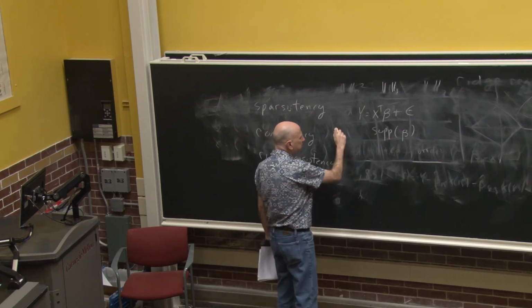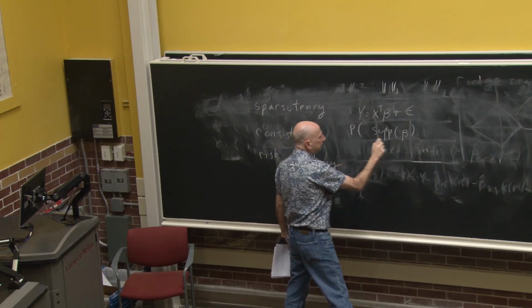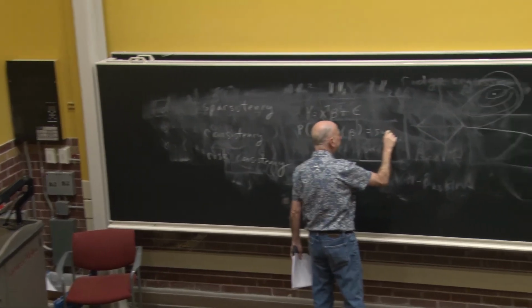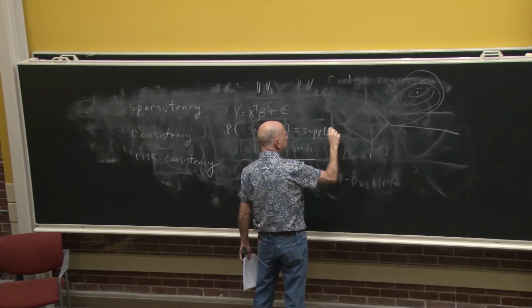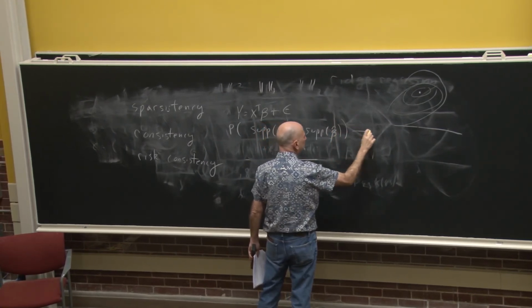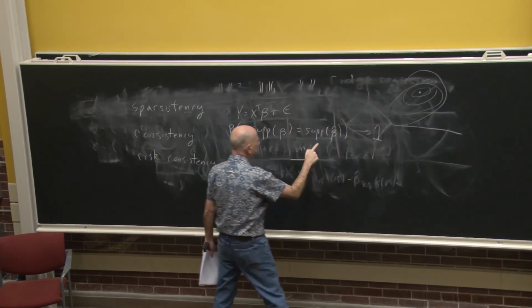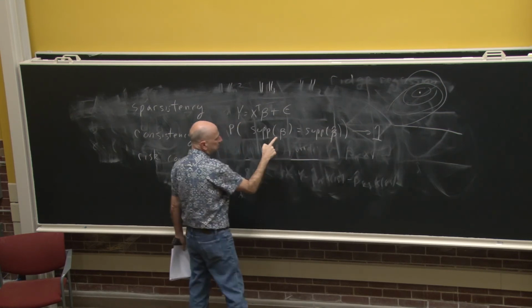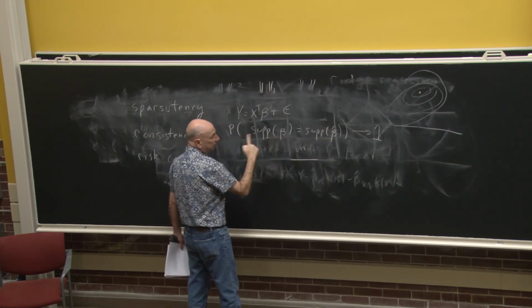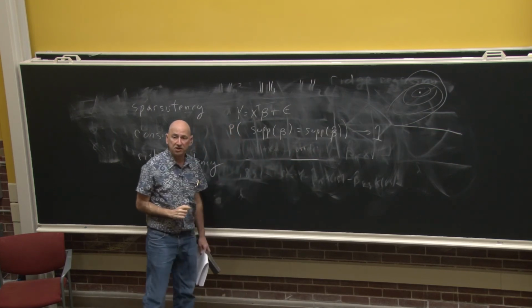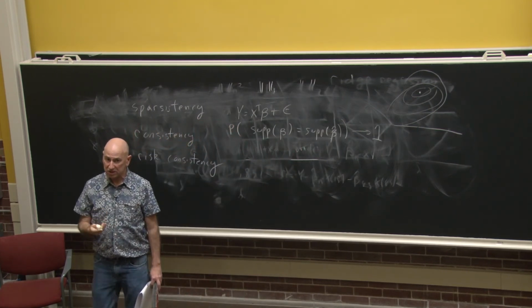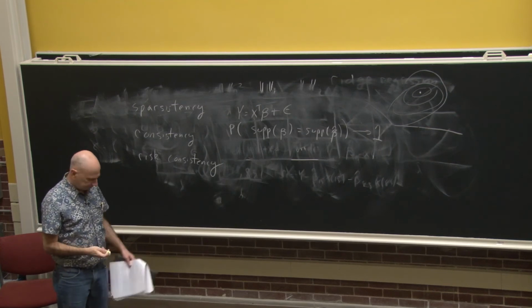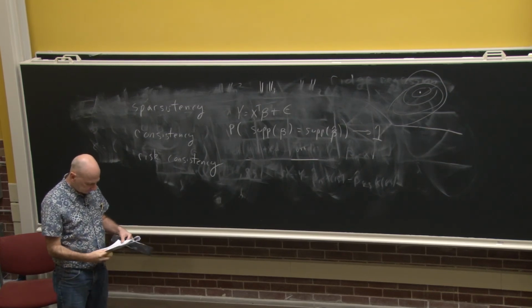Then sparsistency says that the probability that the estimator has the same support as the truth, the places where it's non-zero, goes to 1, then we say it's sparsistent. It's getting the right sparsity pattern. And there are a lot of theorems about that. I've quoted a particular version.